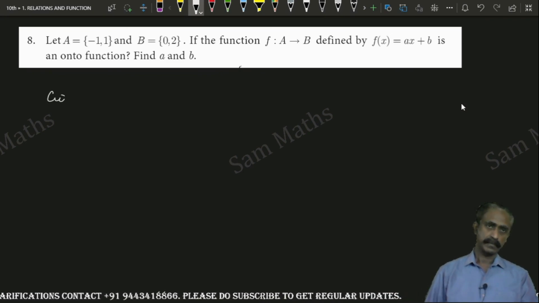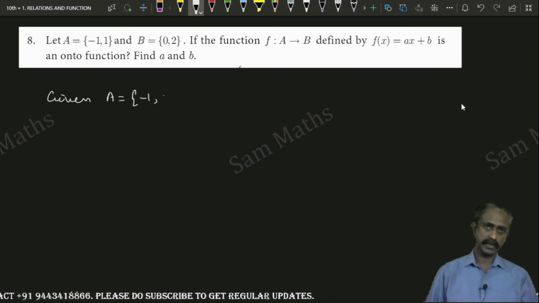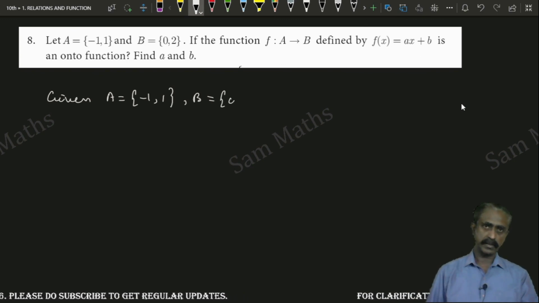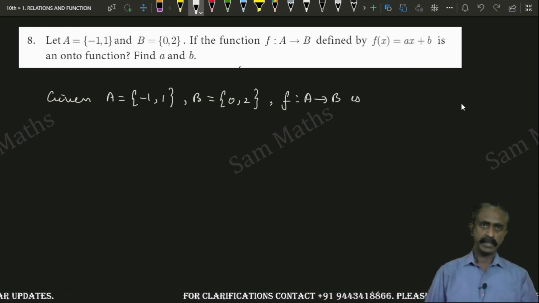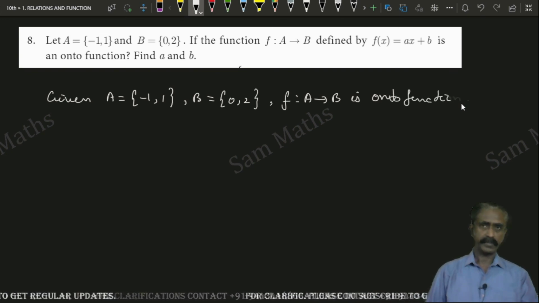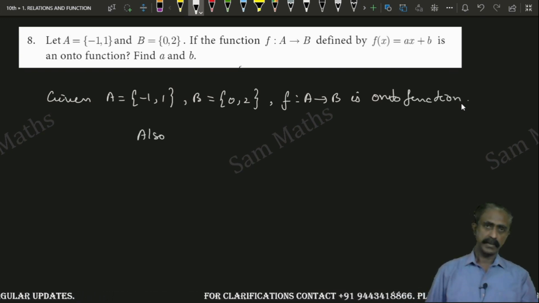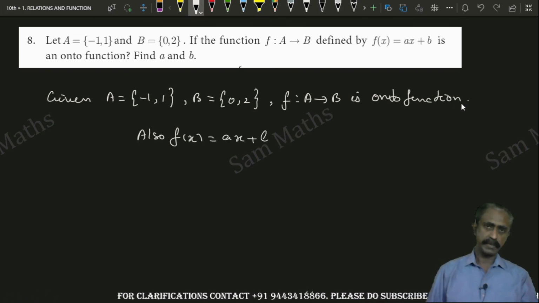Given A is equal to {minus 1, 1}, B is equal to {0, 2}. The very important one is f from A to B is onto function. Also, f of x is equal to ax plus b.